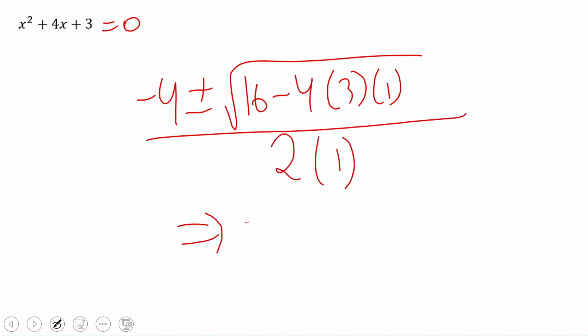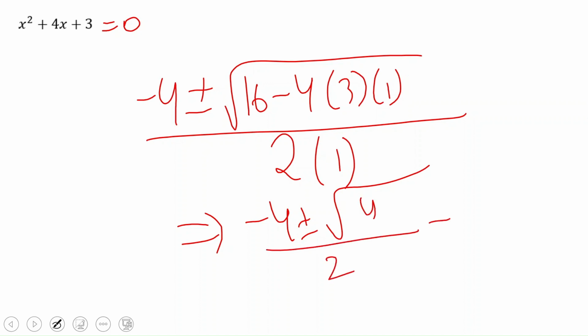So this is going to be minus 4 plus minus the root of 16 minus 12, which is 4, by 2. So this is going to be minus 4 plus 2, which is minus 2, divided by 2 is minus 1. And for the other, that's going to be minus 4 minus 2, which is minus 6, divided by 2 is minus 3. So those are the answers.